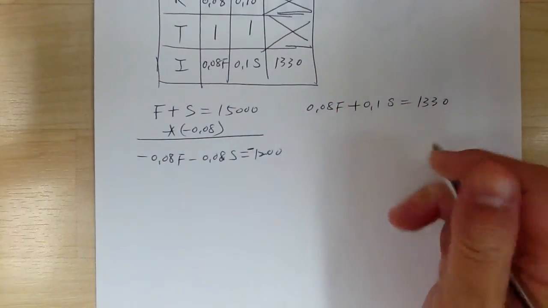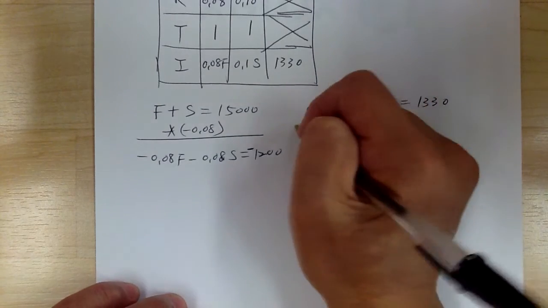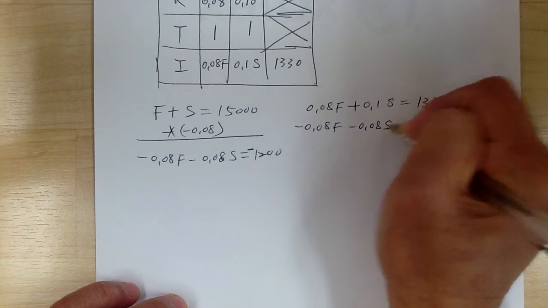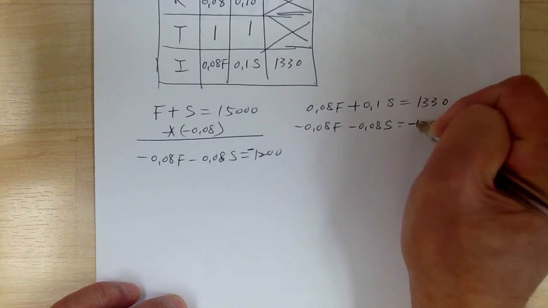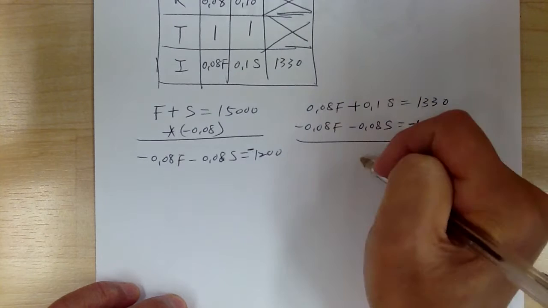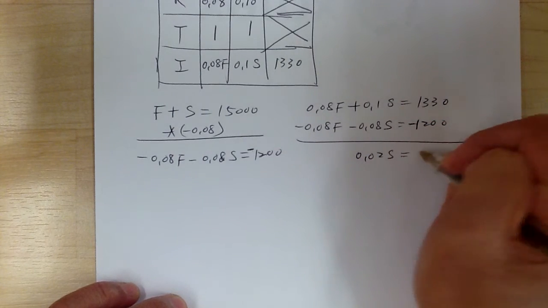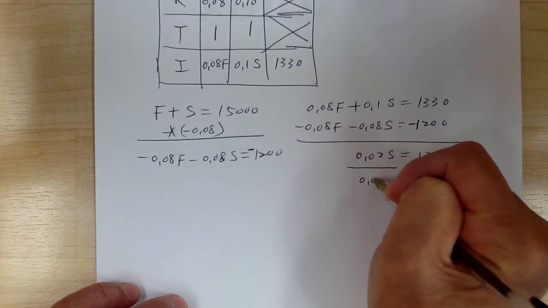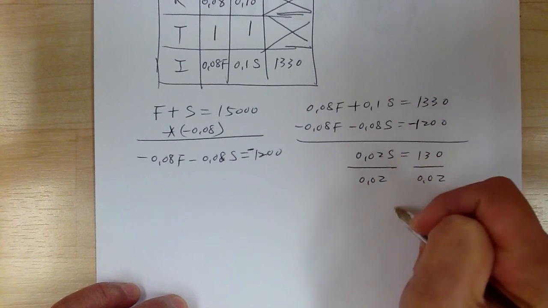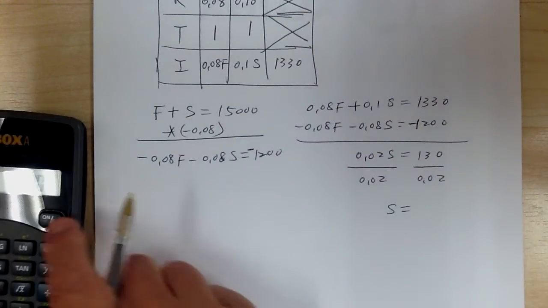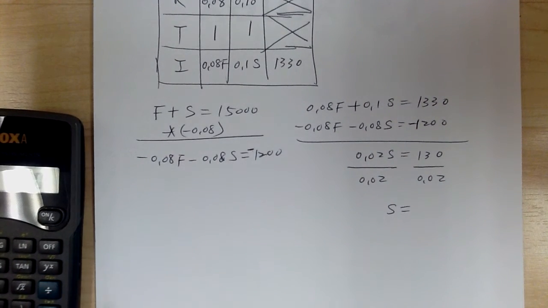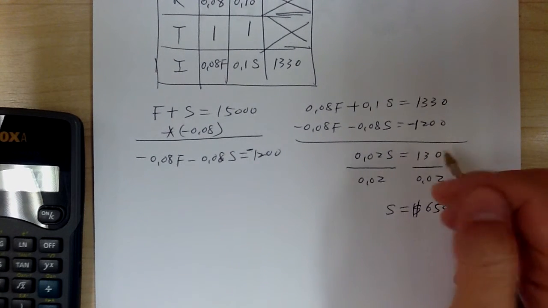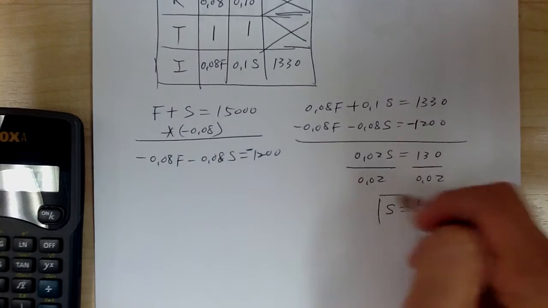So now you put this equation under here. When you add, this cancels out, so you get 0.02S equal to 130. Divide by 0.02, so S equal to 6500. And so you box that.